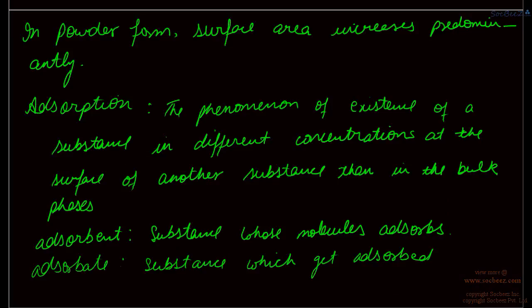Okay, so there are different types of adsorption processes. If the concentration of a substance at the surface of another substance is more than in the bulk of the adjoining phases, it is called positive adsorption, or if the concentration of the substance is less on the surface than in the bulk, then it is known as negative adsorption.